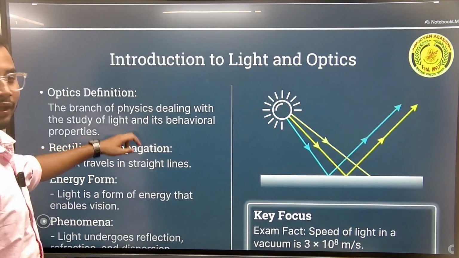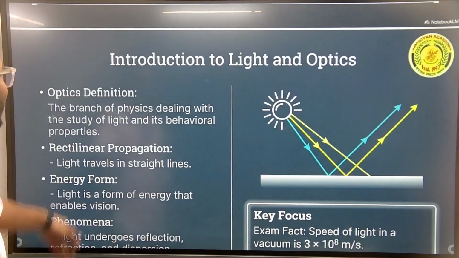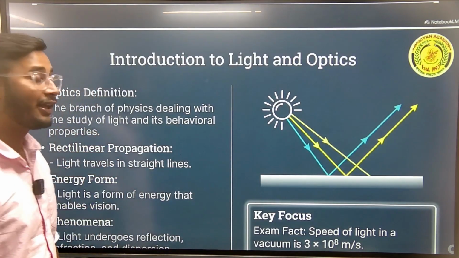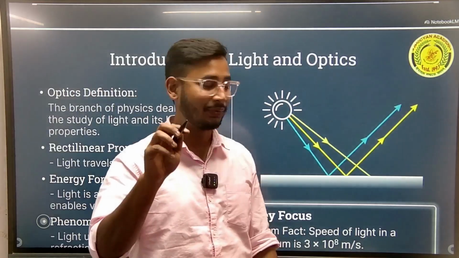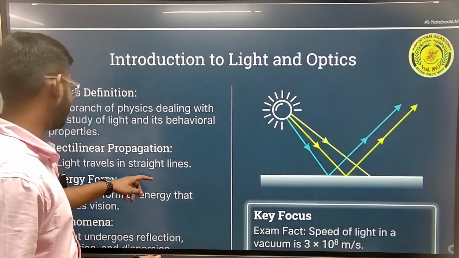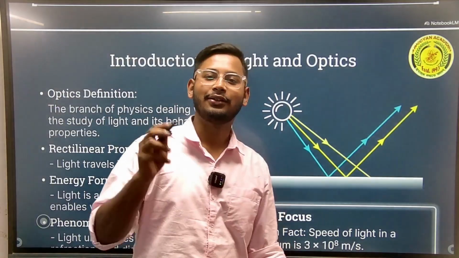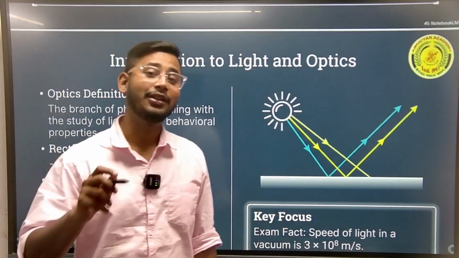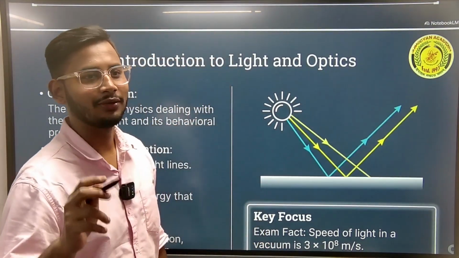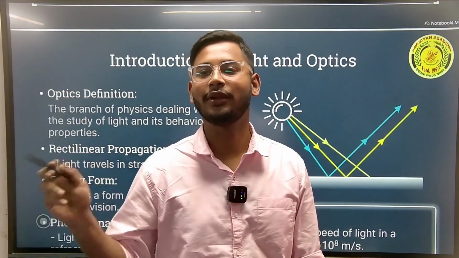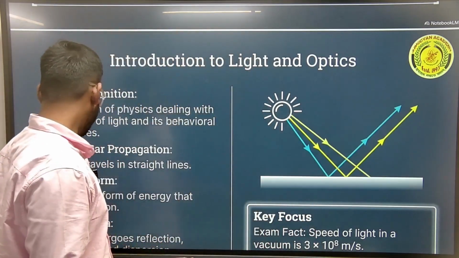As you see, optics is the branch of physics dealing with the study of light and its behavior. And as we all know, remember, light always travels in a straight path.